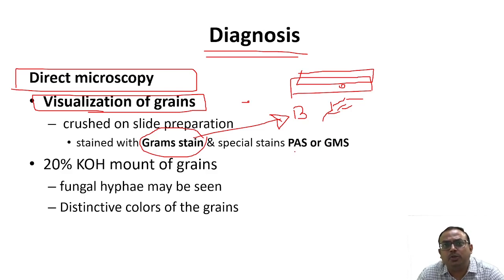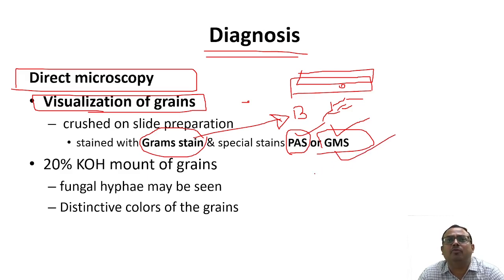Whereas if you are suspecting the causative agent to be a fungus, then you require special staining to stain the fungus, which can be either PAS, that is periodic acid-Schiff reagent, or GMS. GMS stands for Gomori's methenamine silver. Both are used to stain the fungal wall.